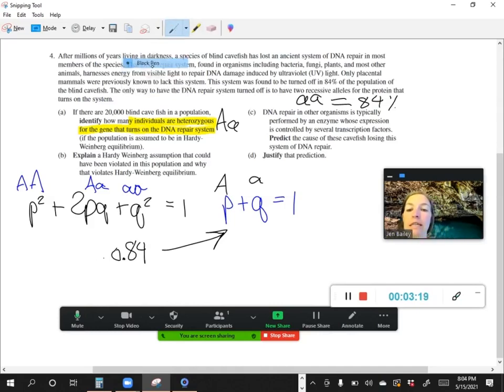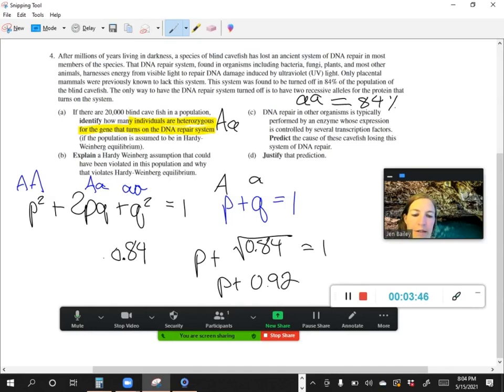So anyway, let me erase this. Basically you're going to take 0.84 over here and square root it. And then you have your P plus Q that is going to equal 1. So what's the square root of 0.84? It is 0.92. Q equals 0.92, and P plus Q equals 1.